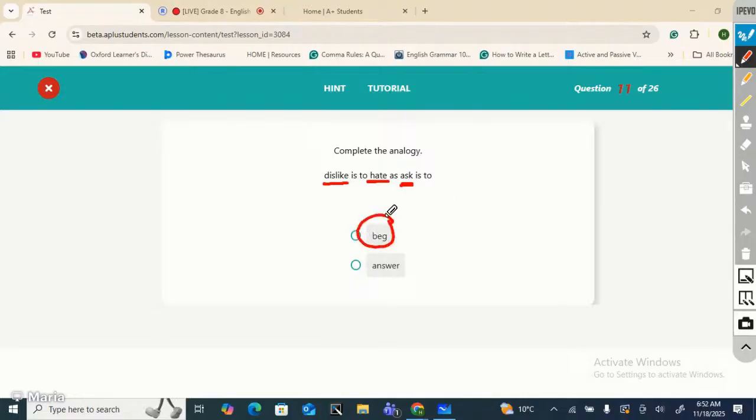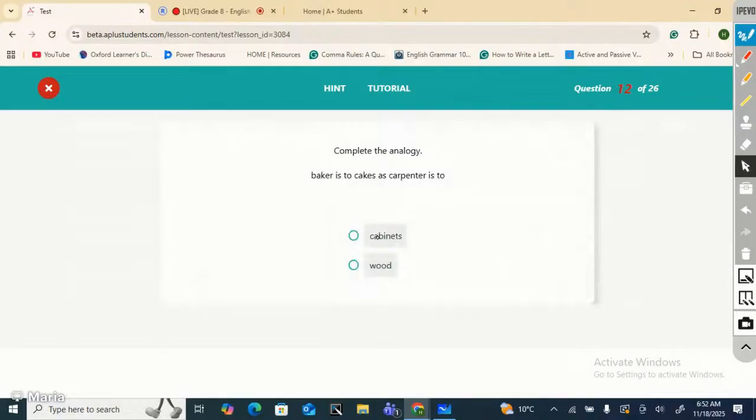Yes, you're right. Option one, beg. Dislike is less severe in degree than hate. In the same way, ask is less in degree than beg. So yeah, it's correct.